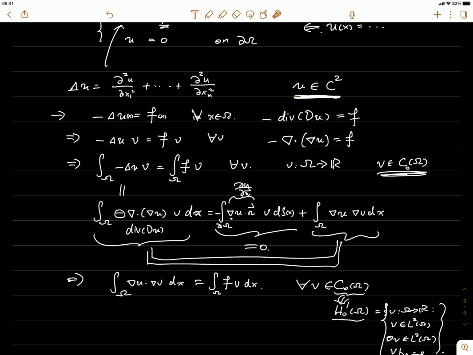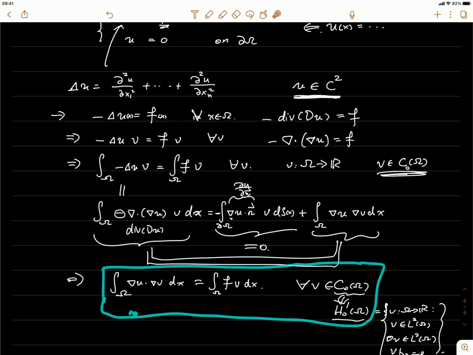And in this case, u is a solution only if this is true for any v in this space. So if u satisfies this for any v in the H01 space, then we're looking for the u that is in H01 omega such that this one holds for any v here. Then we say u is a weak solution.